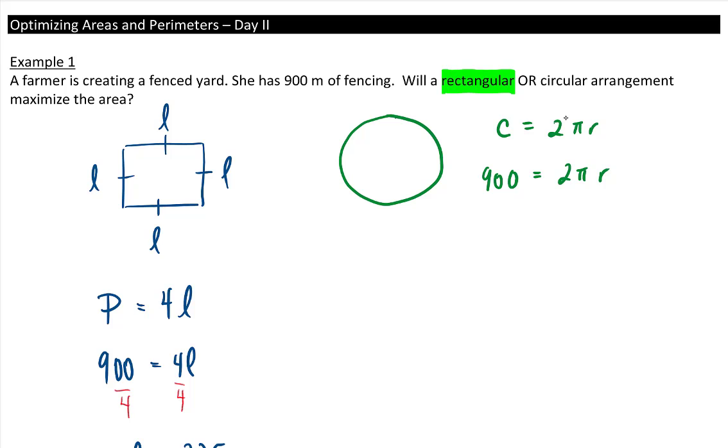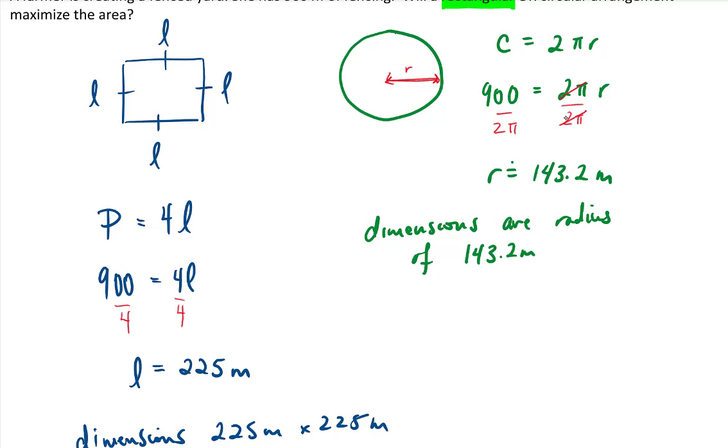To find the radius of this circle, since we have 2 pi times r, we divide both sides by 2 pi. And we get that the radius is approximately equal to 143.2 meters. So the dimensions are a radius of 143.2 meters.